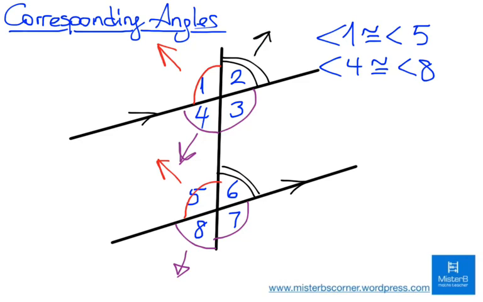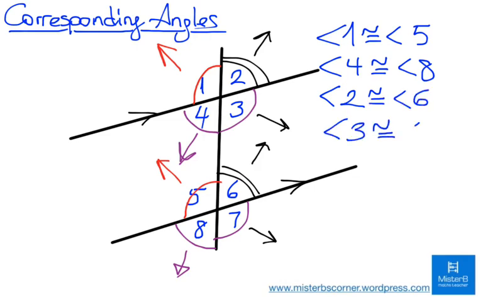So 2 looks at the same direction with 6, 3 looks at the same direction with 7. So I can write all these. I can say angle 2 is congruent to angle 6, angle 3 is congruent to angle 7. These are congruent angle pairs.